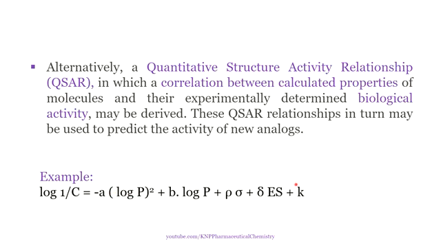So this is an example equation. Like these equations, we have to develop on our own for our desired set of proven molecules, and then we have to validate that equation, and then that validated equation should be applied to the newly designed ligands.